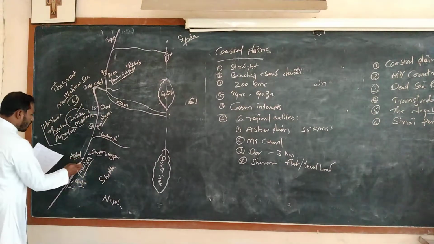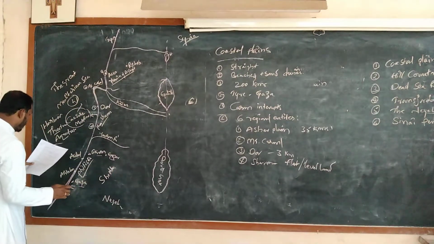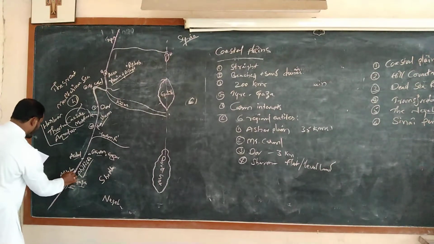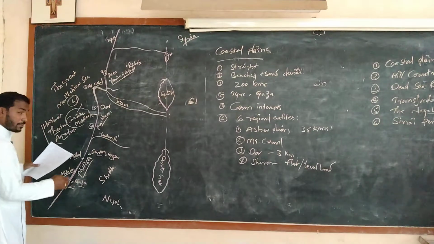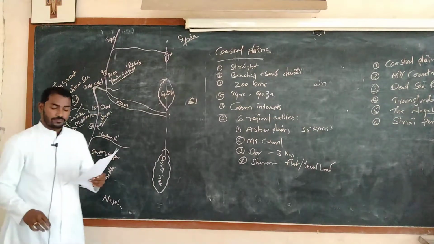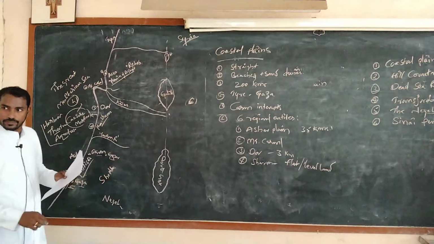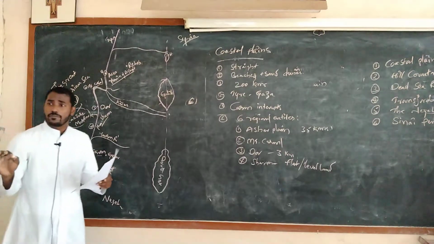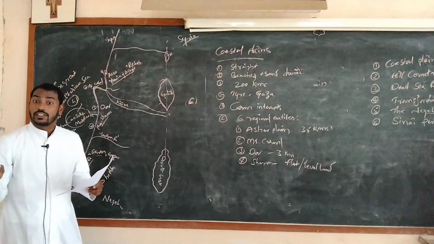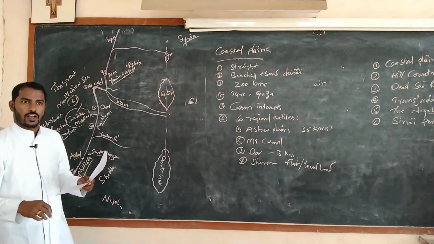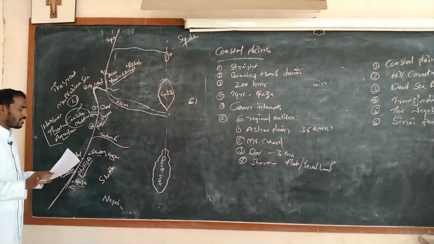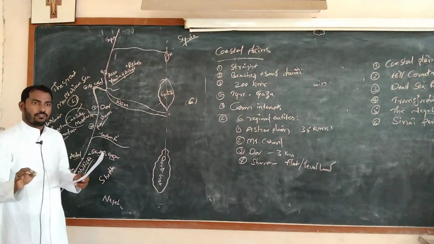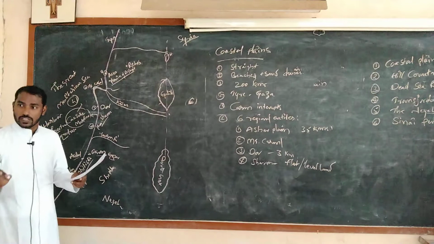Among these five cities, Ashkelon is the birthplace of Herod the Great. These five places we find in the letters of St. Paul: Ashkelon, Ashdod, Gaza, all these pentapolis.